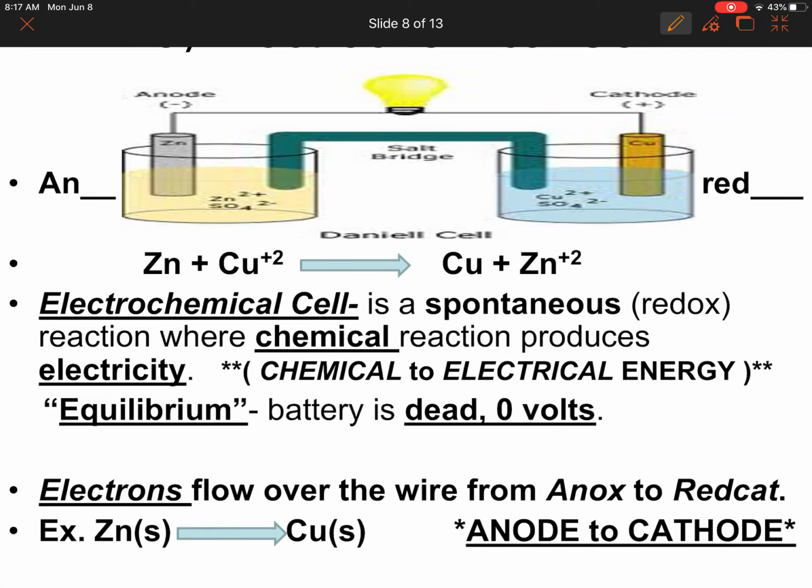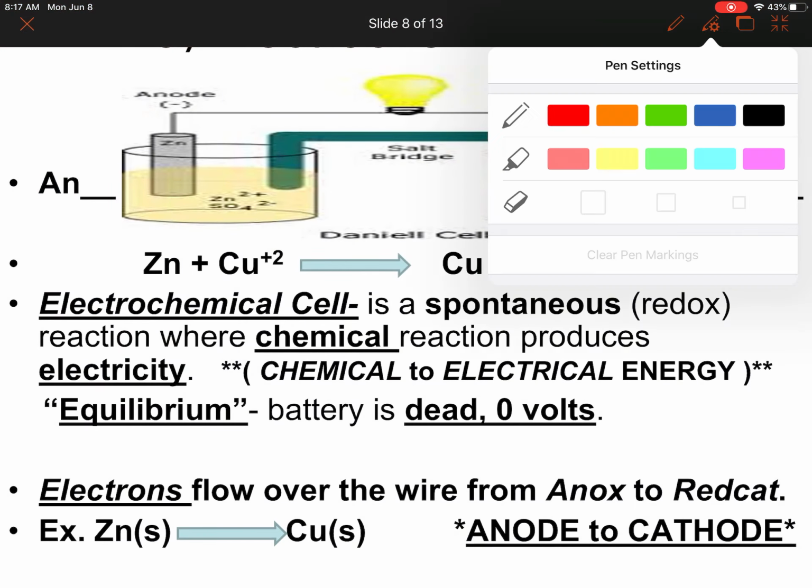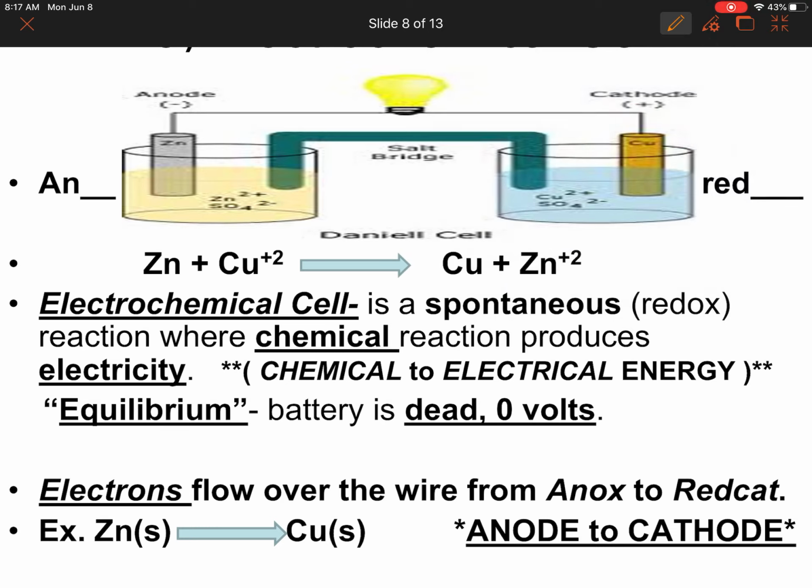So now, very simple over here. Okay, so there are 2 ways to do this, guys. If you go to table J in your reference tables, you'll notice that Zn is higher than Cu. Let me see if I can find it for you over here.